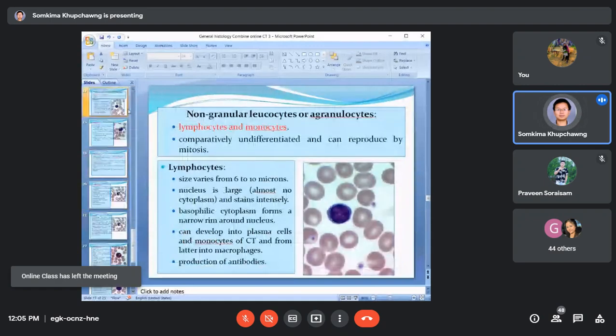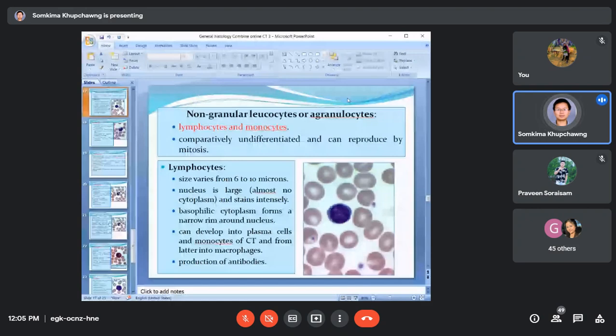Now let us see about the non-granular leukocytes, or the agranulocytes. Those leukocytes which do not contain granules in the cytoplasm. Examples are the lymphocytes and the monocytes. These cells are comparatively undifferentiated and can reproduce by mitosis. Under the granulocytes, which contain granules, come the basophils, neutrophils, and eosinophils.